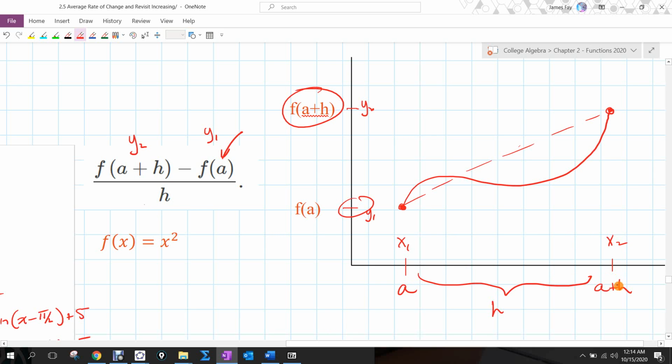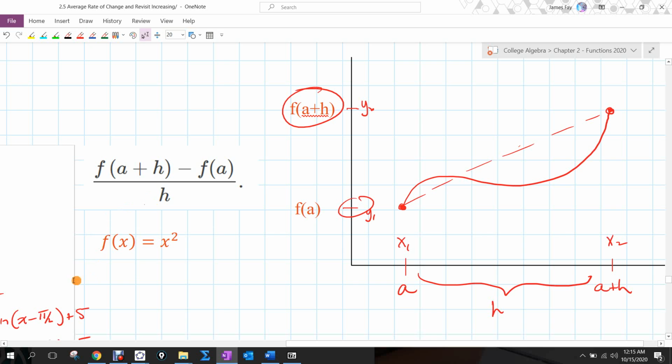If x2 is a plus h and x1 is a, subtract those, don't I get h? So you're going to see this formula a lot when you start working inside calculus. It is simply a slope formula. It's changing y's divided by changing x's.